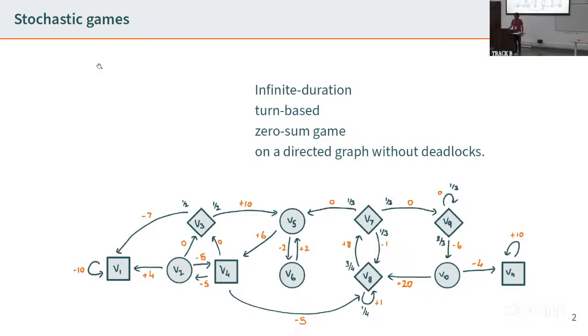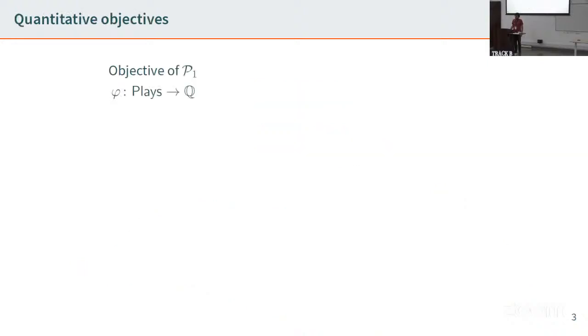So I'll just recap what we just saw. Stochastic games are infinite duration turn-based zero-sum games played on directed graphs without deadlocks. I have drawn an example of a stochastic game here. We'll come back to it soon. In this part, we'll specifically look at quantitative objectives. As we saw before, objectives measure how good a play is for the player.